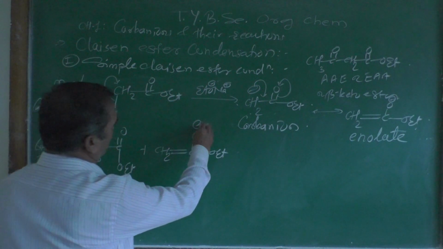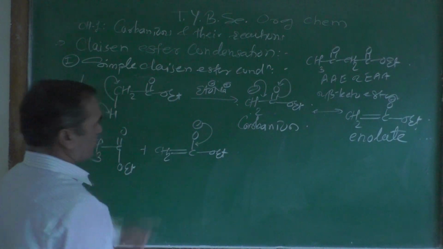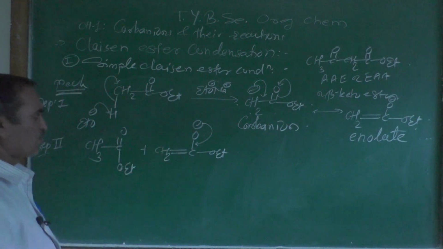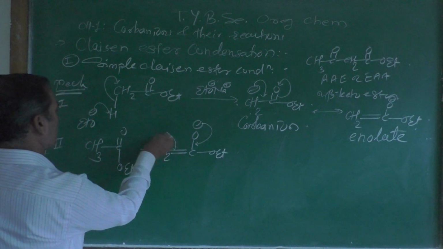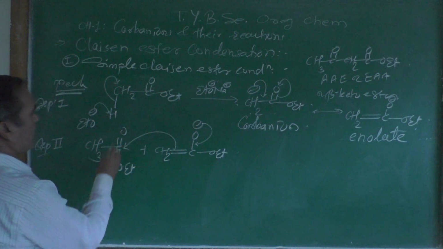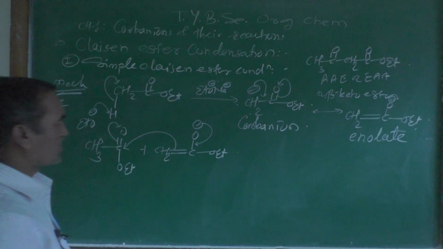Now what is going to happen over there? This negative charge forms a double bond between carbon and this oxygen atom. At the same time, this double bond is going to attack this carbon atom, and negative charge develops on that oxygen atom.